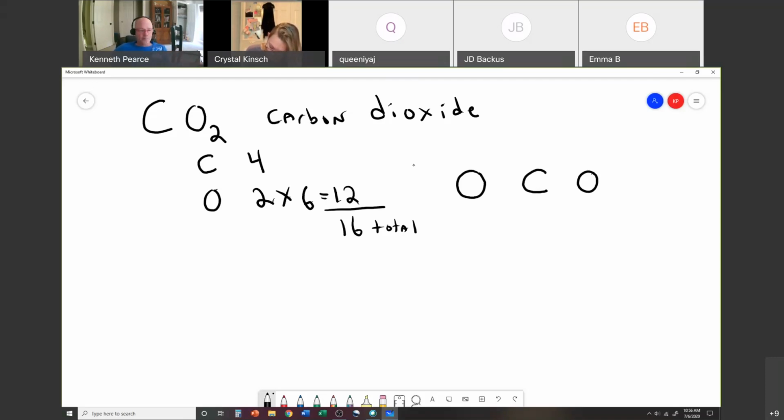Now, what's our next step? We have the carbon in the middle. The other atoms are surrounding it. Our next step is to make bonds, right? So let's go ahead and make some bonds. I'll make one bond, make two bonds. Here's my second bond. I've only got two things to glue on, so I'm only making two bonds.